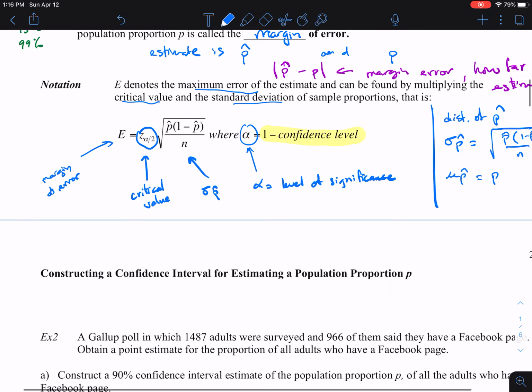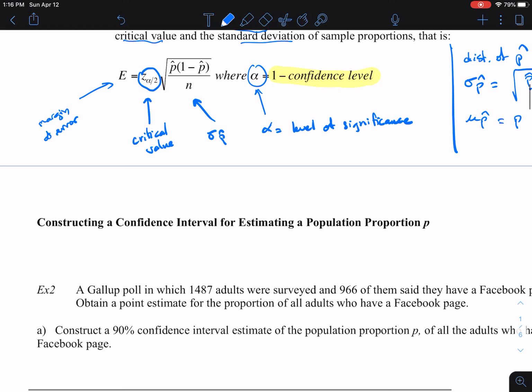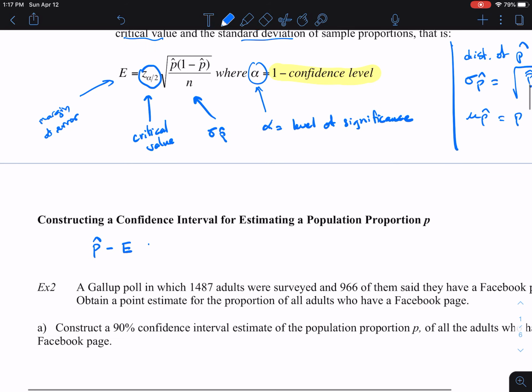Next, to put everything together to get the confidence interval, first we need to know what p hat is, and p hat usually comes from the sample data. Then if we take p hat, subtract the margin of error, and add the margin of error, we can say that the actual value of p is between those two endpoints.